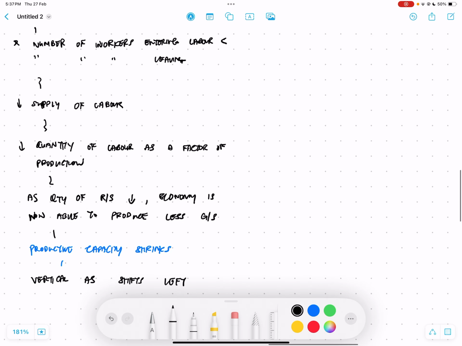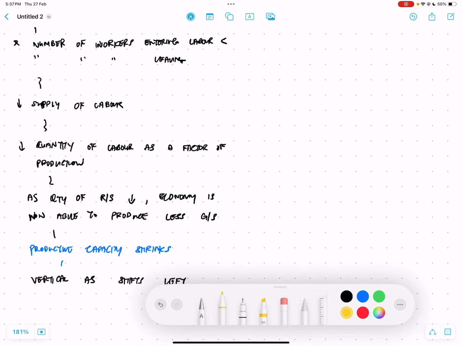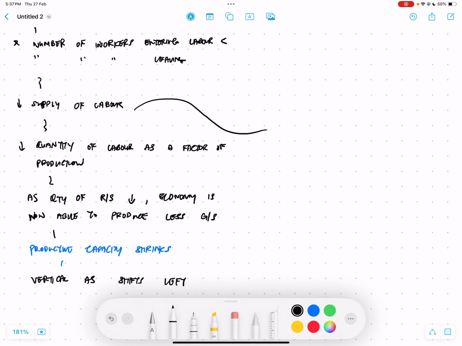Then when there's a decrease in the supply of labor, another thing happens. If supply decreases, what happens is that wages of workers tend to rise, right? Wages is the price of labor, so wages will increase.